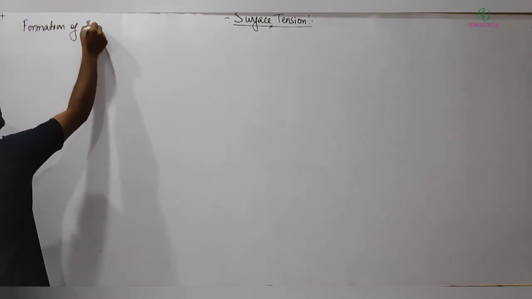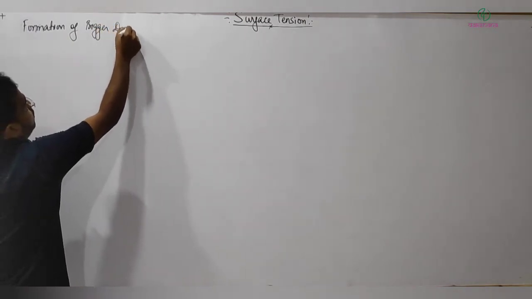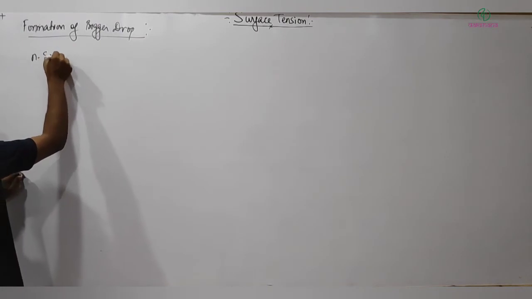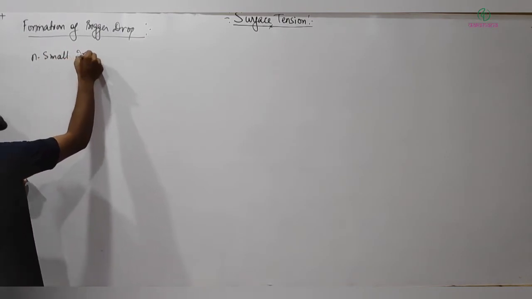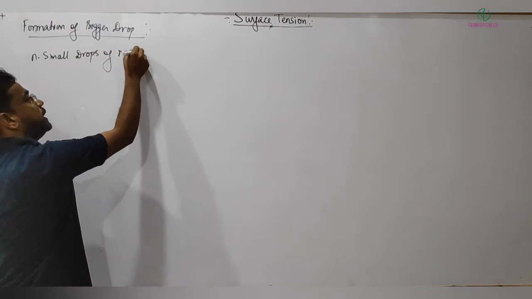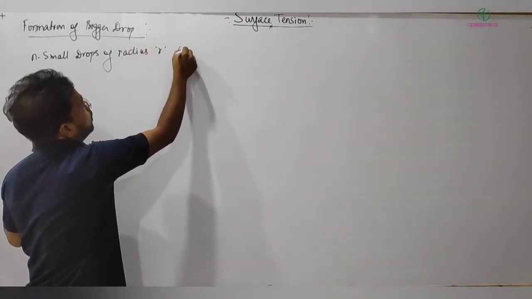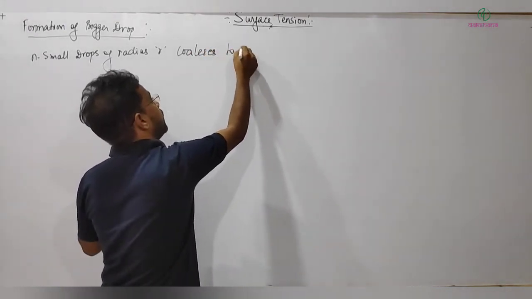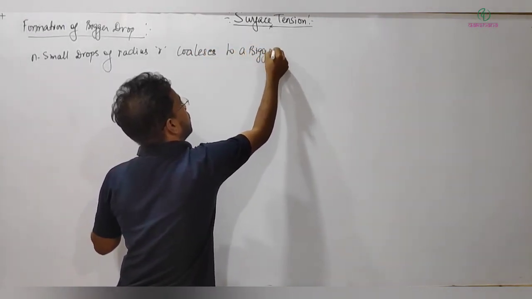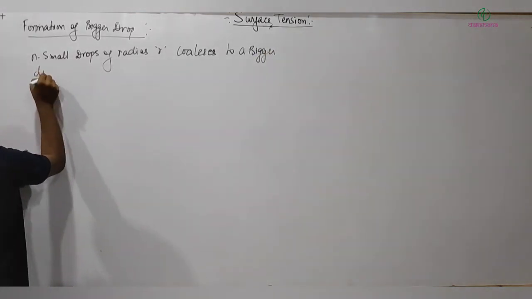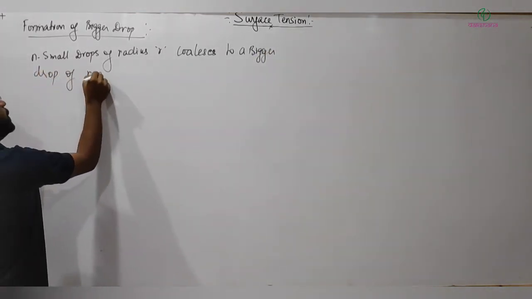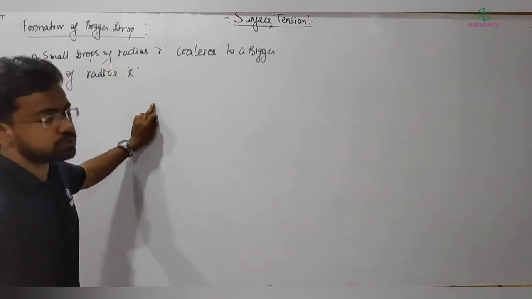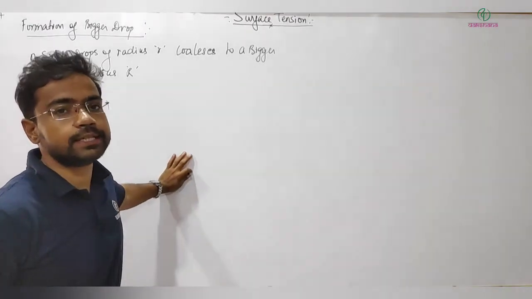Let's say n small drops of radius small r coalesce to a bigger drop of radius capital R. In this situation again we need to consider the change in area.